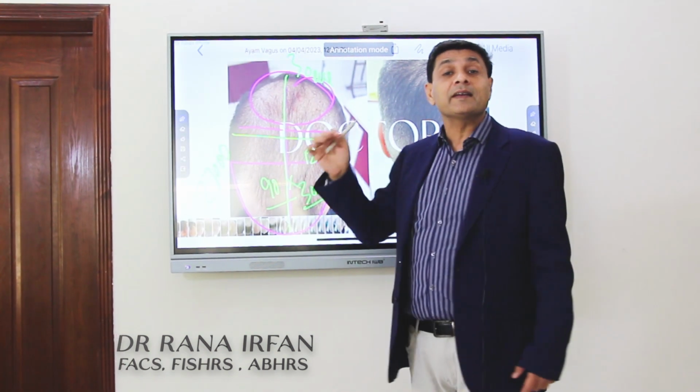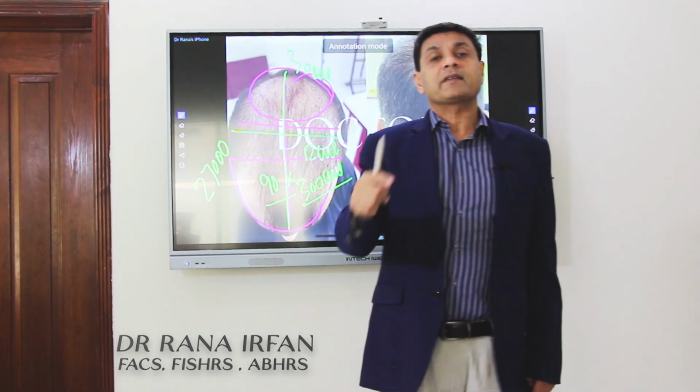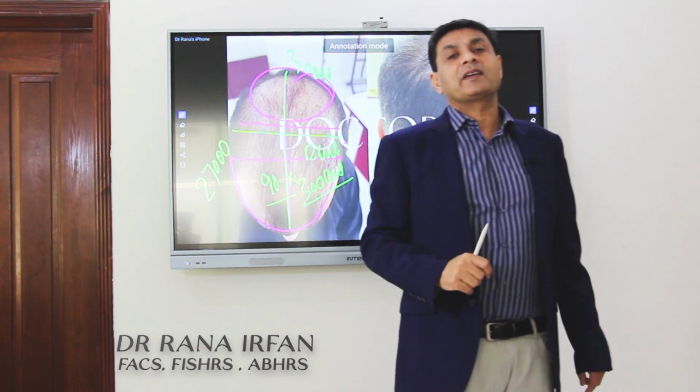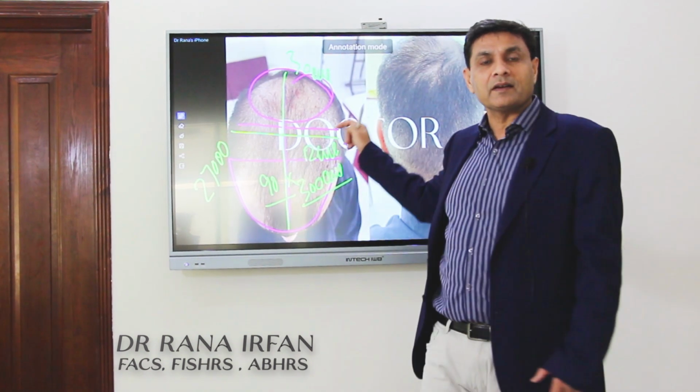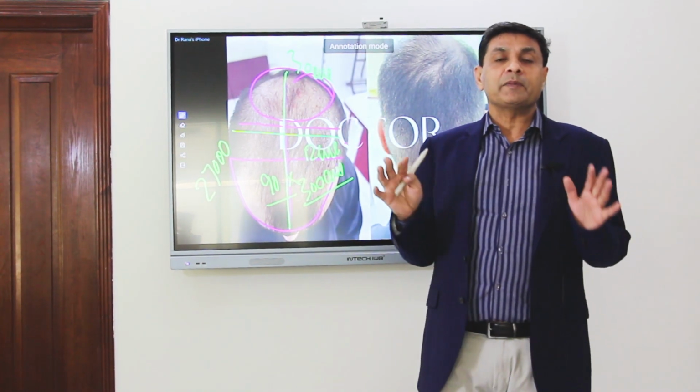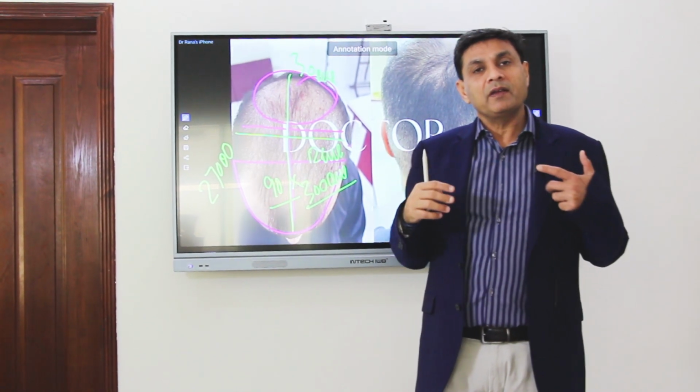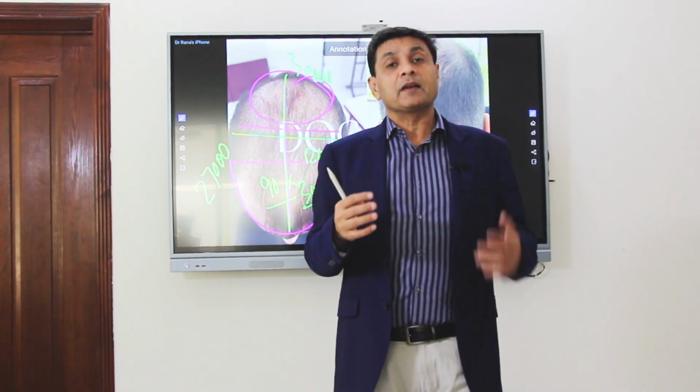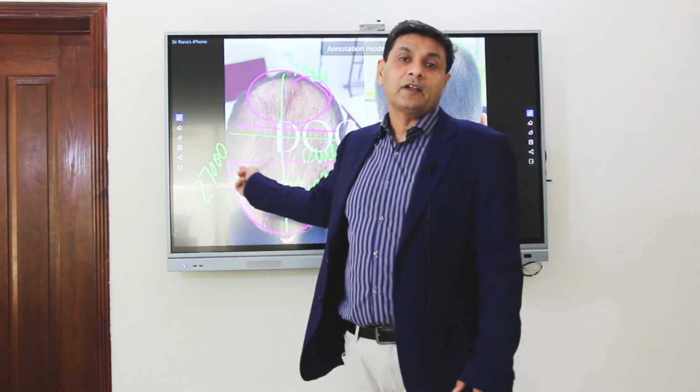Before discussing this, we need to discuss medical treatment of this hair fall, this baldness. Medical treatment means we should be thinking about the prevention of hair fall.